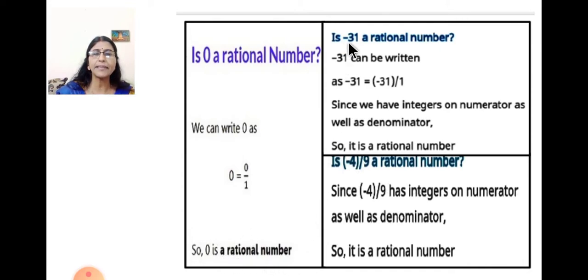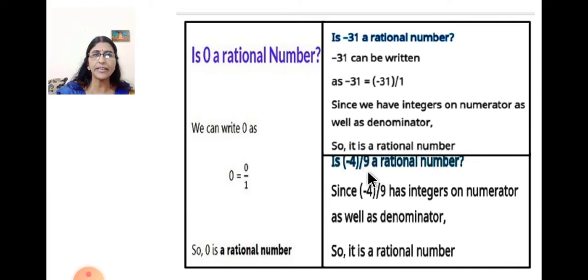Now next example, is minus 31 a rational number? Minus 31 can be written as minus 31 upon 1. Since we have integers in the numerator as well as the denominator, and the denominator is not equal to 0, minus 31 is a rational number.